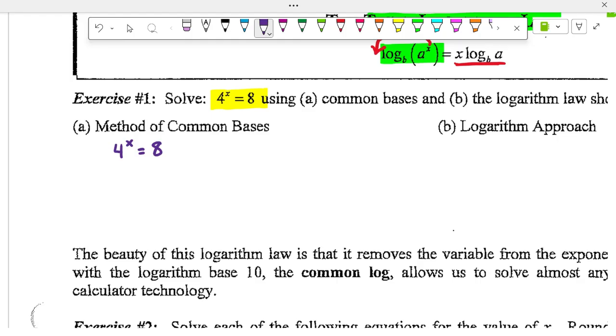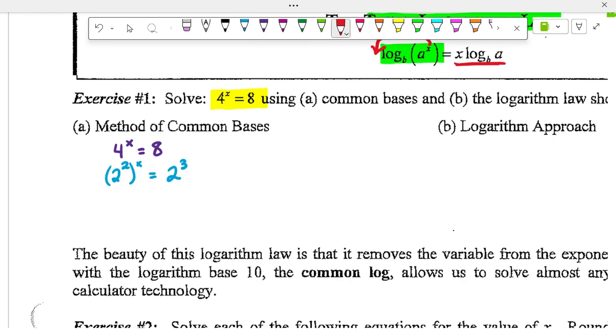What is the common base? 2. So I'm going to rewrite these in terms of base 2. I have 2, and we're going to do parentheses with the next power. It's equal to 2 to some power. So 2 to the what power is 4? 2. 2 to the what power is 8? 3.